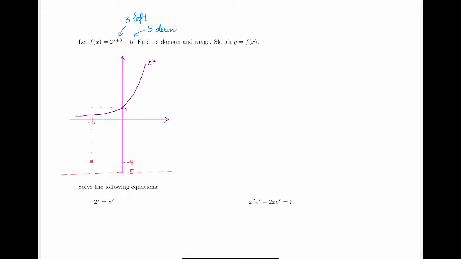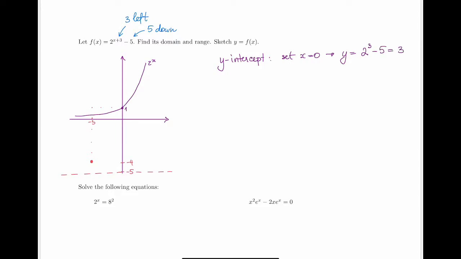In order to make my sketch a little bit more precise, I can try to find other points. For example, I can see clearly here that my graph, no matter how I draw it, will have to intersect the x-axis and the y-axis. The y-intercepts are usually fairly straightforward to find, so let's look for that one. The y-intercept of my function is found when I set x to be 0 and compute the corresponding y value, so this will be 2 to the power 3 minus 5, or altogether 3.